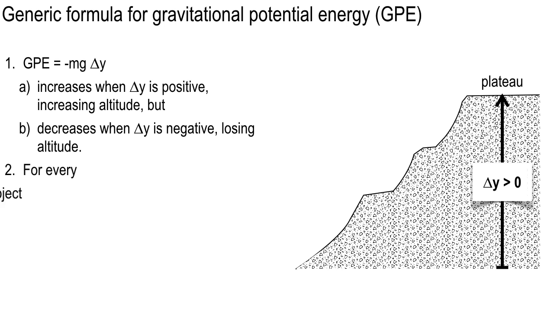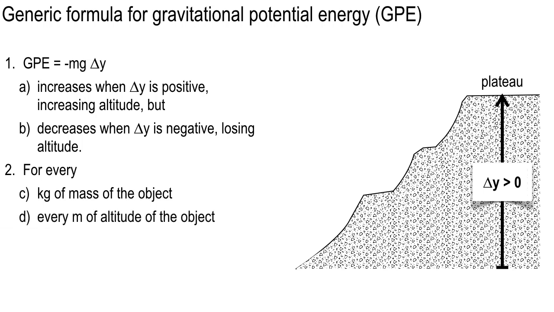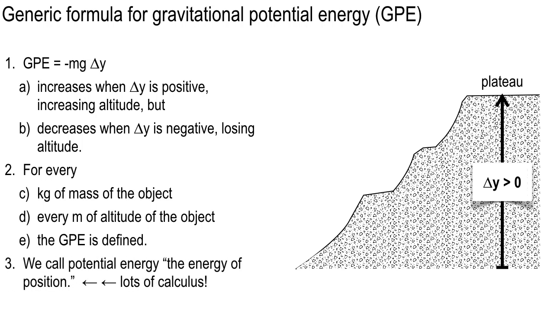So for every kilogram of mass of the object, and for every meter of altitude that you trade, that you lose or gain, the GPE is defined at any elevation once you know the mass and the altitude. And for that reason, we call it the energy of position.